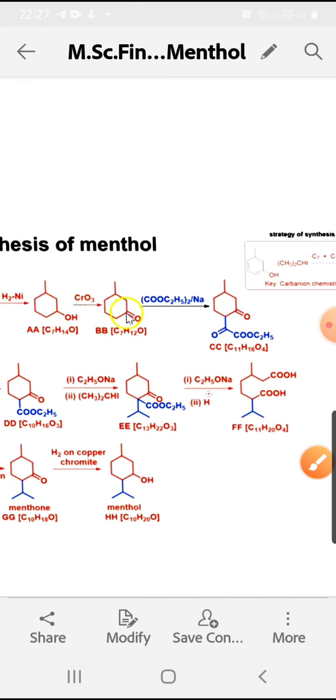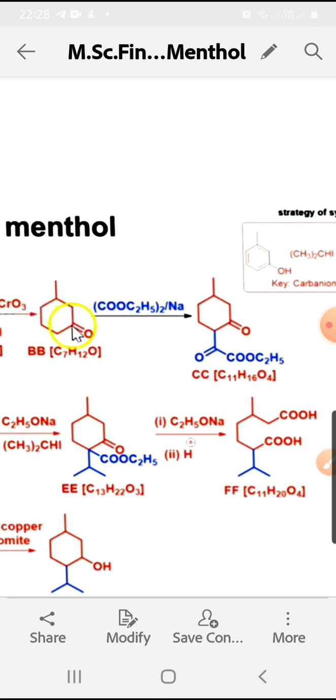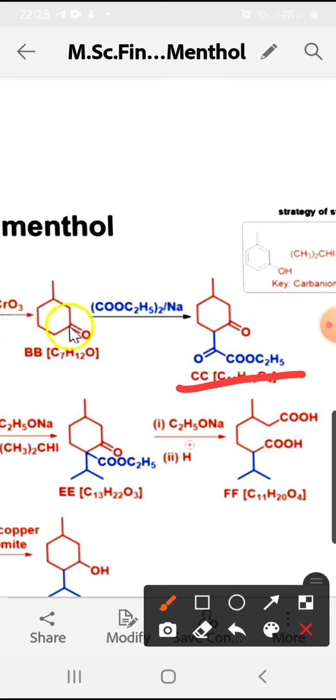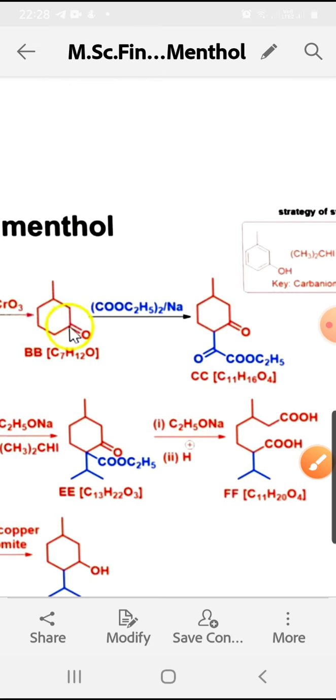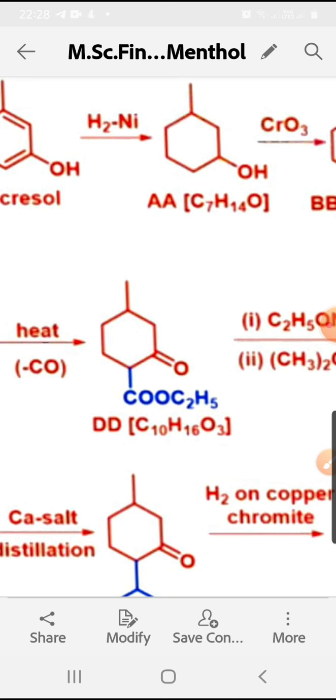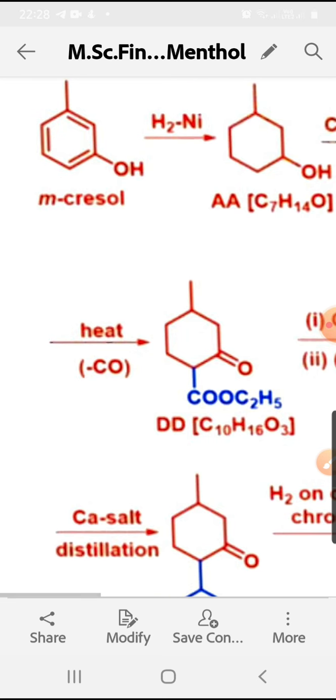For that, we react 3-methyl cyclohexanone with diethyl oxalate and sodium metal. Then we get a dicarbonyl type of compound. When this compound is heated, it converts into a beta keto ester by the elimination of carbon monoxide.